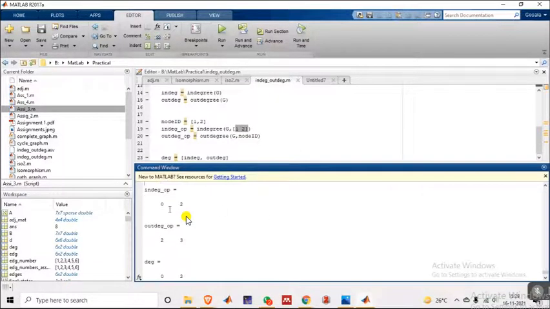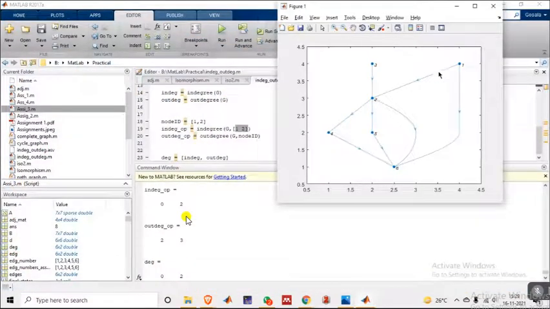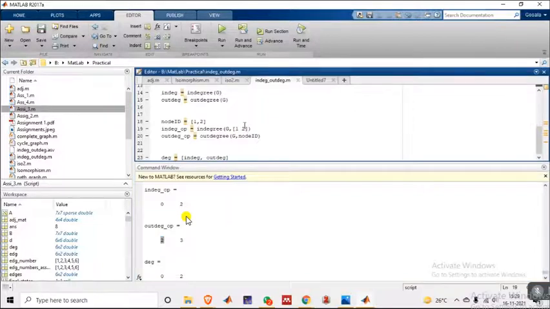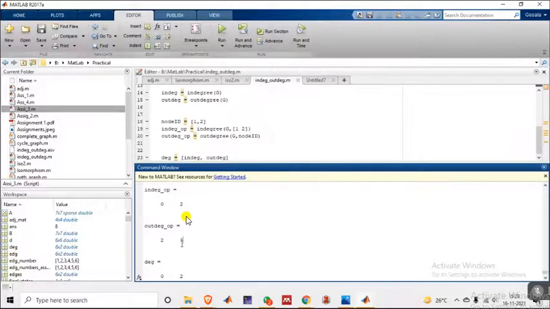Similarly, for the out degree, we get 2 and 3. You can see this. Out degree for 1 and 2: 2 nodes are going from the point 1, this one and this one. And for the vertex 2, the out degree goes towards 4, 5 and 6. So the out degree we are getting is 3.